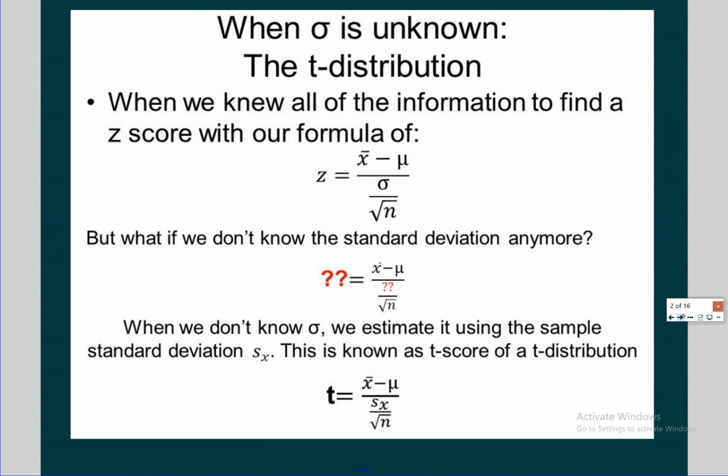That's the same in both. In the denominator, it's here standard deviation of the population divided by the square root of n. For our t-score, it's a lowercase s, which is the sample standard deviation divided by the square root of n. So that's the only difference between the two formulas. If you want to find a t-score versus a z-score, it's just not the population standard deviation, it's a sample now.